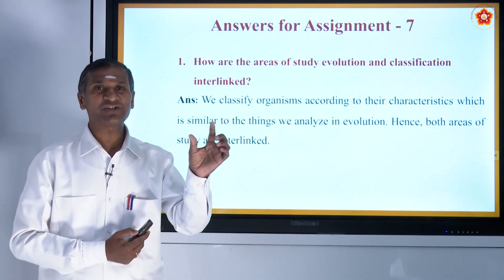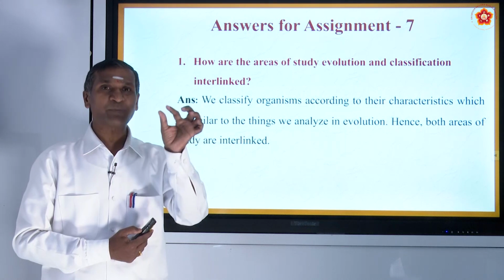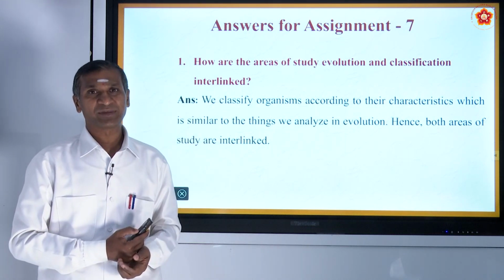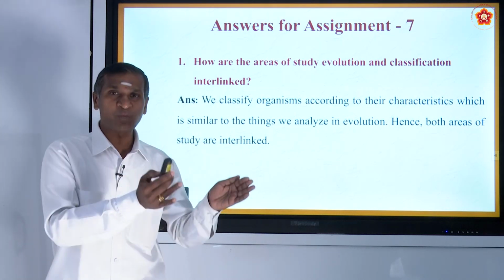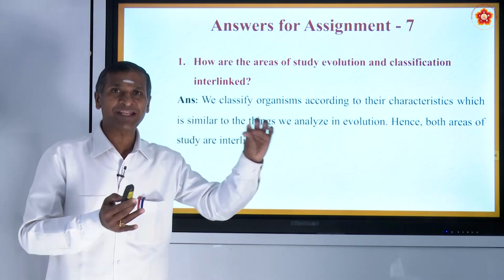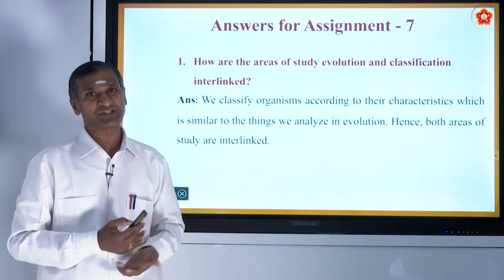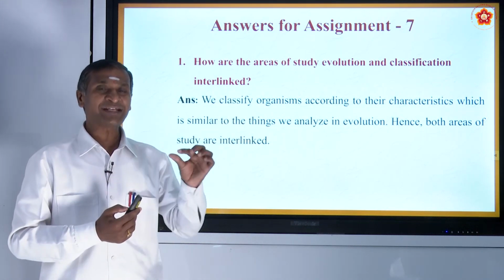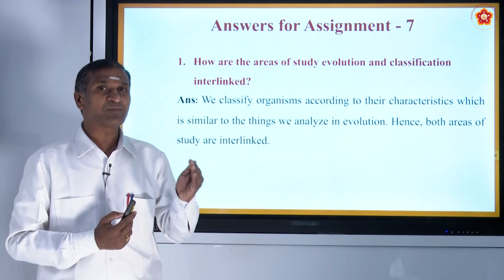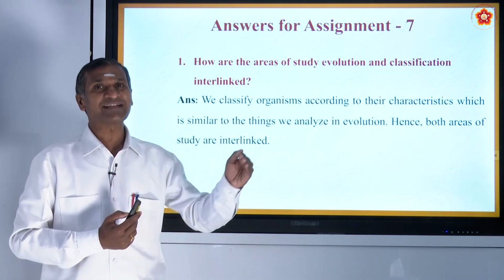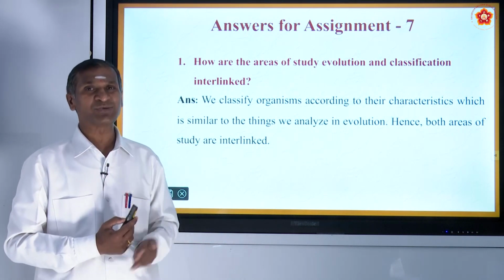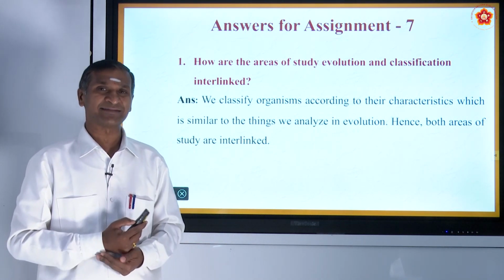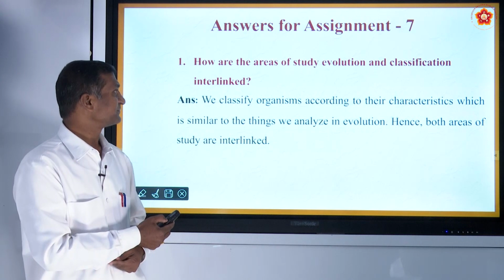Classification is done on the basis of a particular character. When we collect the organisms, group them, and give a name on the basis of a particular character, with that characteristic itself we come to know that development has gradually taken place. Hence, both evolution and classification are interlinked.